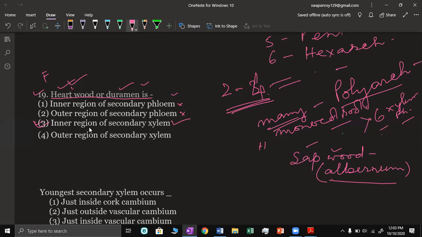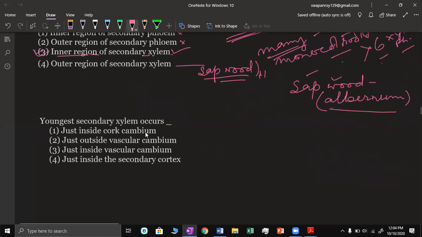Heartwood is inner, and the outer region of secondary xylem, very close to the vascular cambium, is sapwood. Towards the center it is heartwood and towards the periphery it is sapwood.